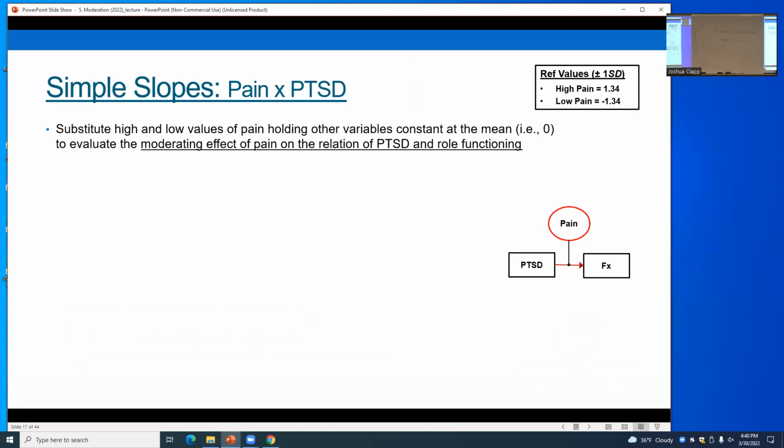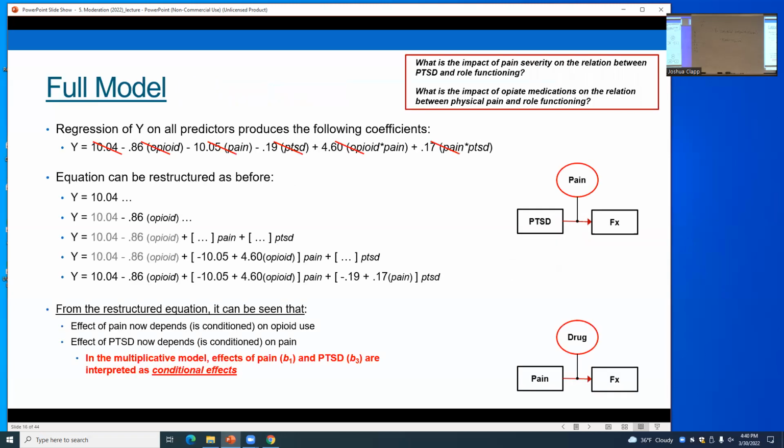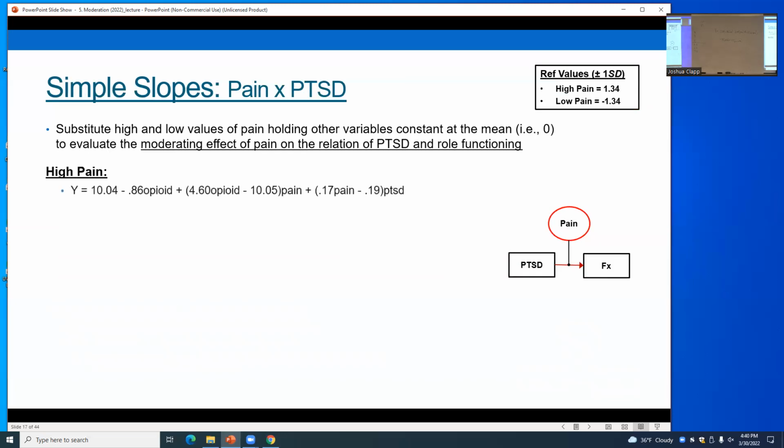Convention says a standard deviation above or below, simply because a standard deviation is a concept people are generally familiar with. Once we've restructured our equation, we're going to substitute high and low values of pain, holding everything else constant at the mean. So for high pain, here's our restructured equation. This is just this, once we go through and run it out.